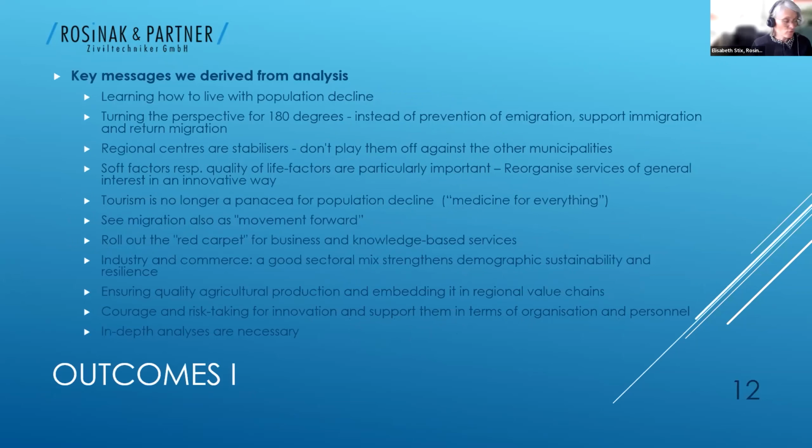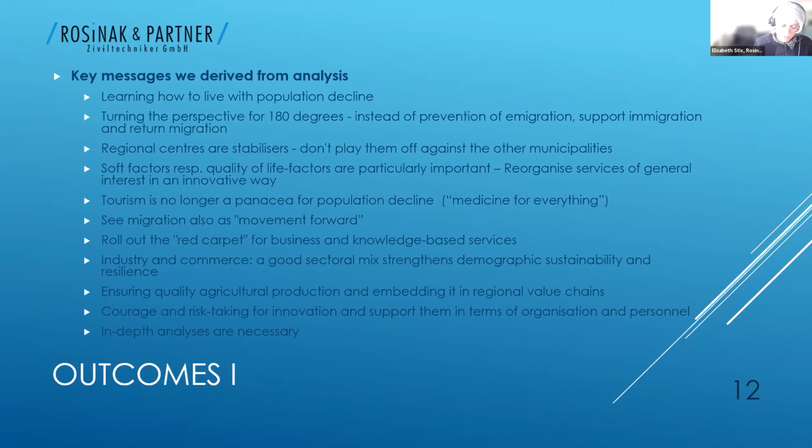But we did not only work with language and narratives, we also conducted a deep analysis, and we derived some key messages from this analysis. I just want to name some of those key messages. Firstly, we said that we have to learn how to live with population decline. We heard that today. We have to adapt.